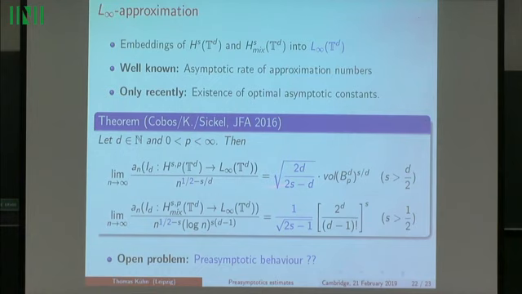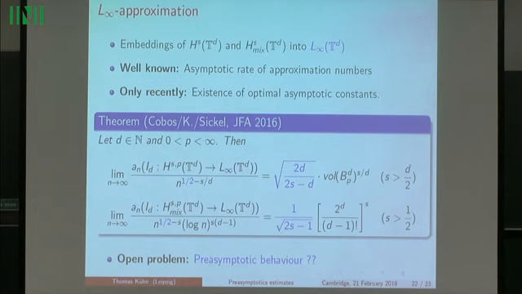We have here the approximation numbers divided by the asymptotic rate, which is slightly worse by 1/2 as for L2 approximation, times a constant. And the constant is the constant from the L2 approximation with an additional factor. So this is a correction factor, but again, an optimal constant exists.